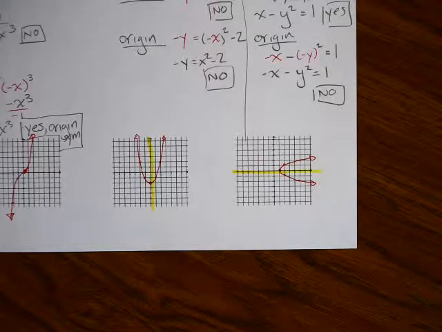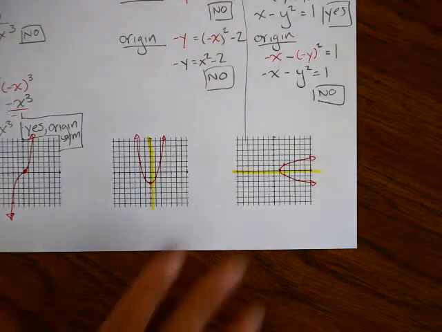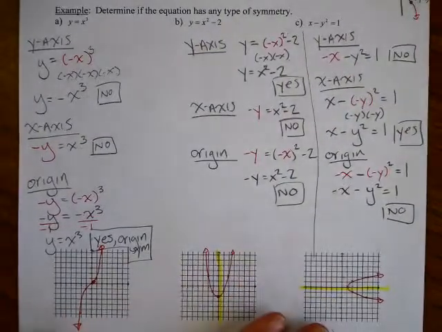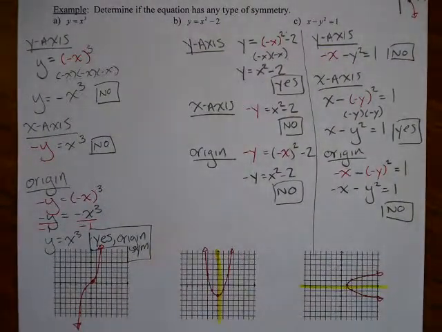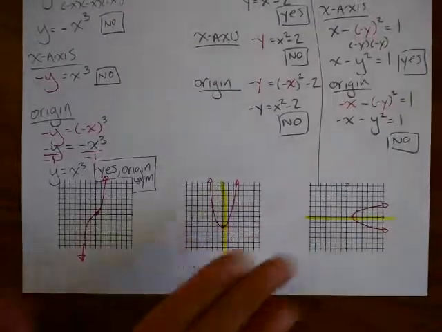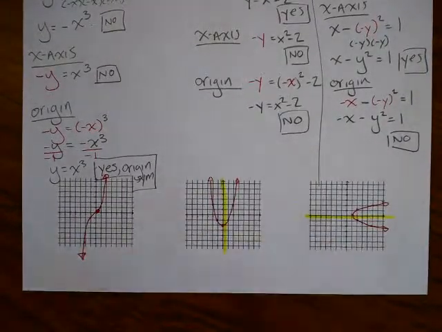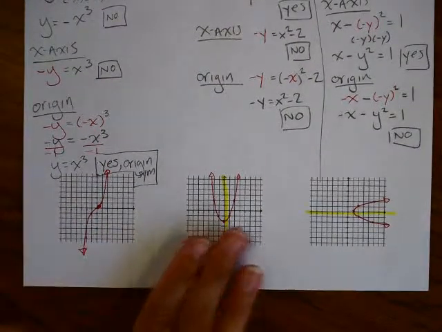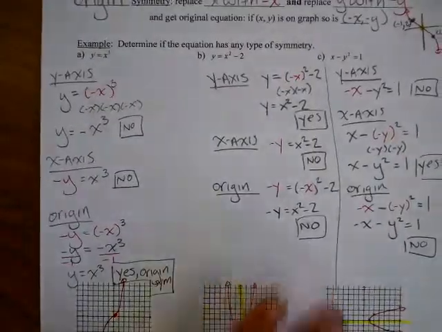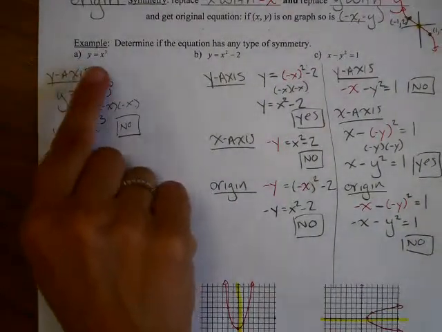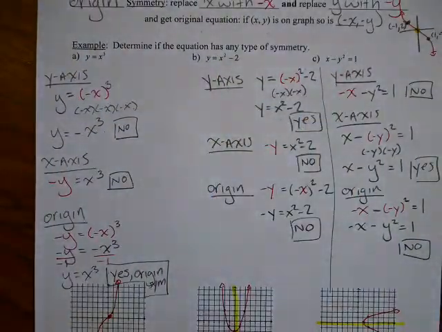Next up, we're going to talk about something that is very closely related with symmetry, and that is even or odd. Now, when we talk about symmetry, we're specifically talking about the graph. We could say that a graph has origin symmetry, y-axis or x-axis symmetry, but we wouldn't properly say that the equation has symmetry.